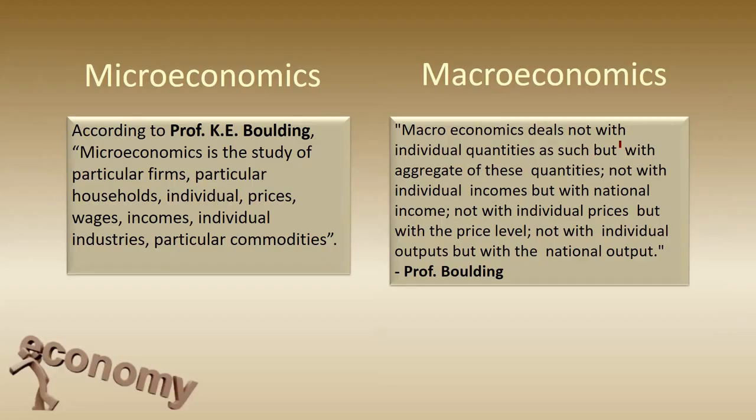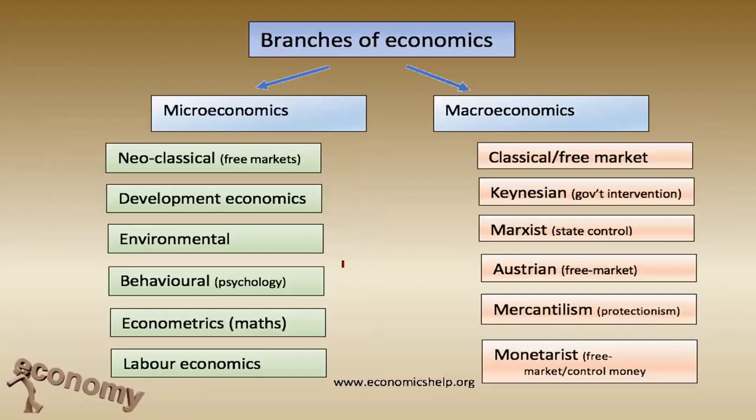Whereas macroeconomics deals not with individual quantities as such, but with aggregates of these quantities, not with individual incomes, but with national income, not with individual prices, but with the price level, not with individual outputs, but with the national output. So this was the definition given by Professor K.E. Boulding. So these are the different branches of economics.